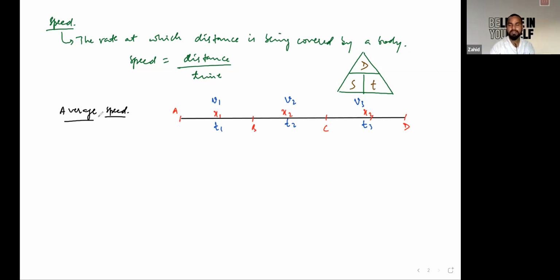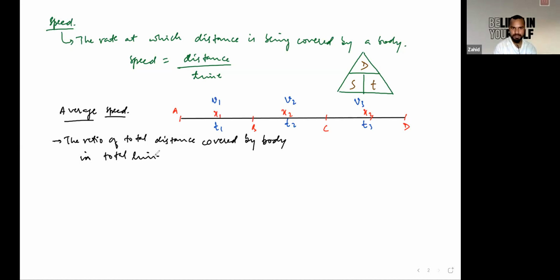So average speed is nothing but the total distance covered by the body in the total time taken for the entire journey. So it is the ratio of the total distance covered by the body to the total time taken.